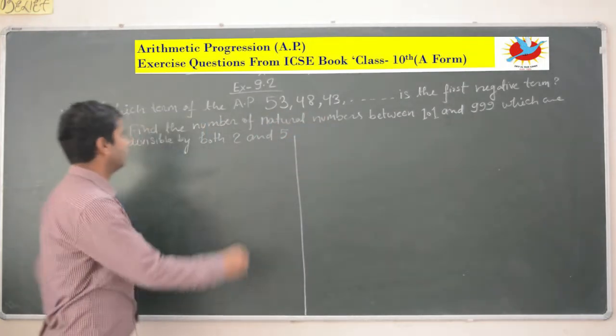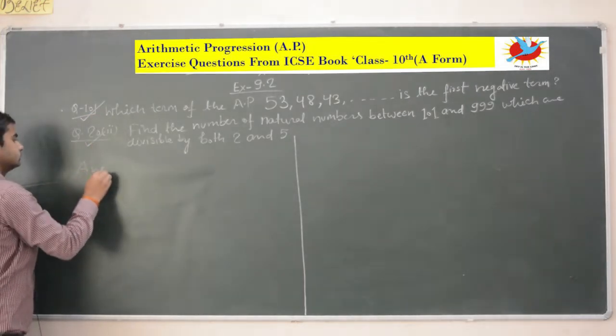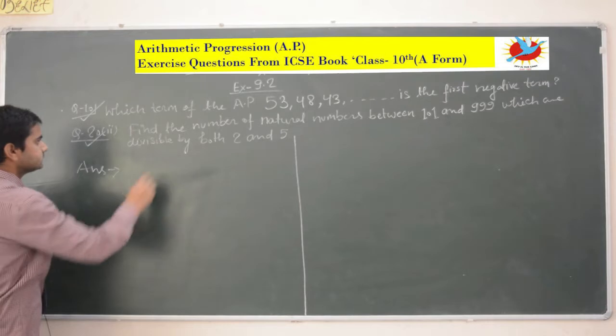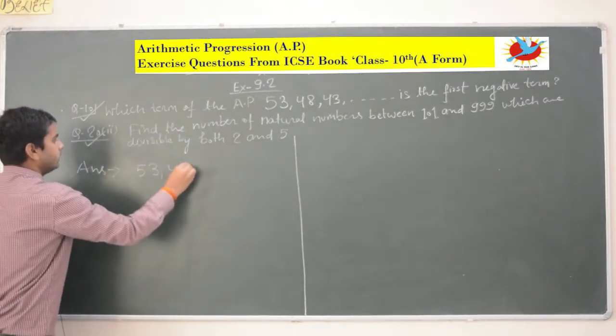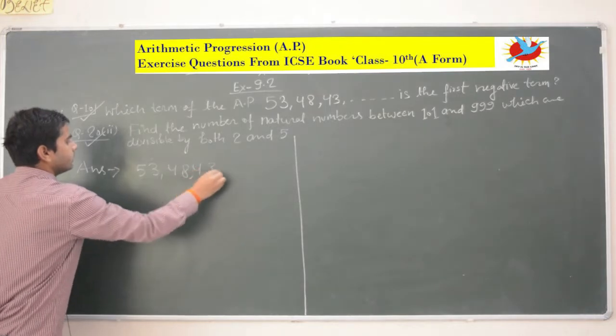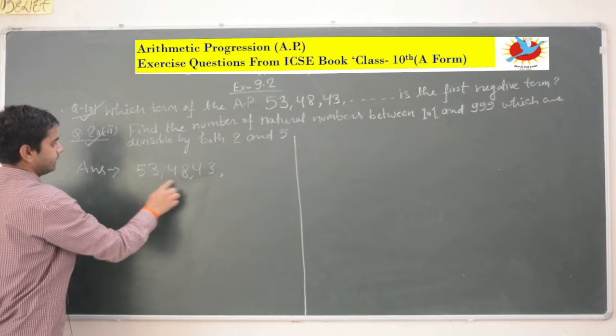So first of all, we are going to solve this question number 10. Here is the solution. The sequence is 53, 48 and 43, a difference of -5.